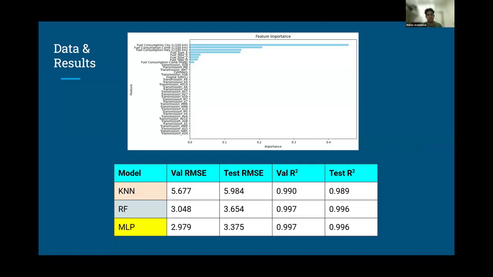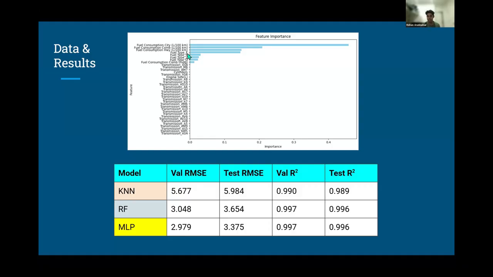So the most important thing for carbon emissions was the fuel consumption. And then the second most important thing was the type of fuel. So the type of fuel actually had a considerable difference here. So we have fuel type ethanol, fuel type premium gasoline, fuel type gasoline, and then fuel type diesel. They're encoded as letters.